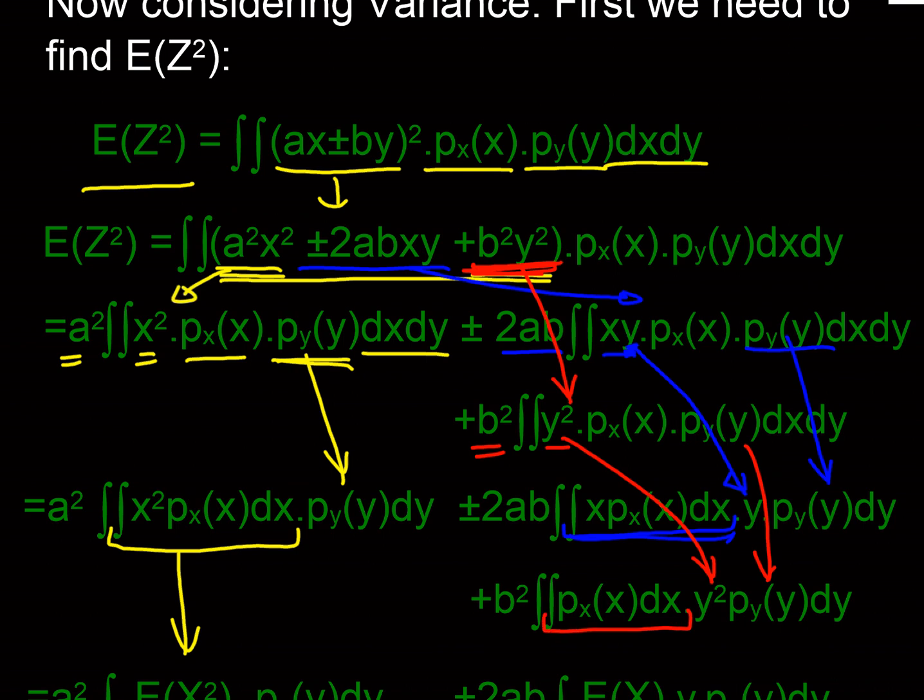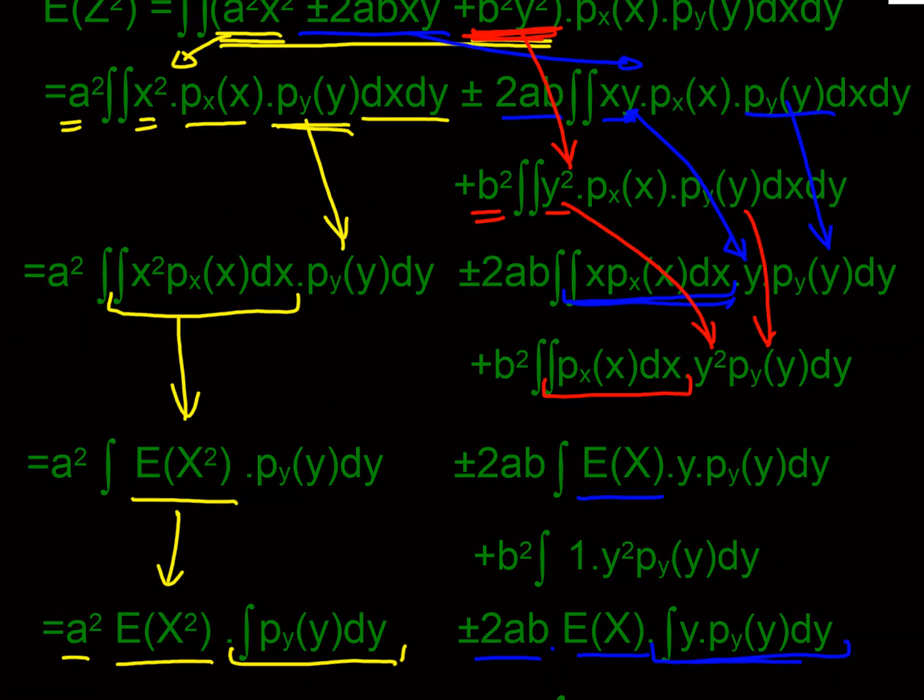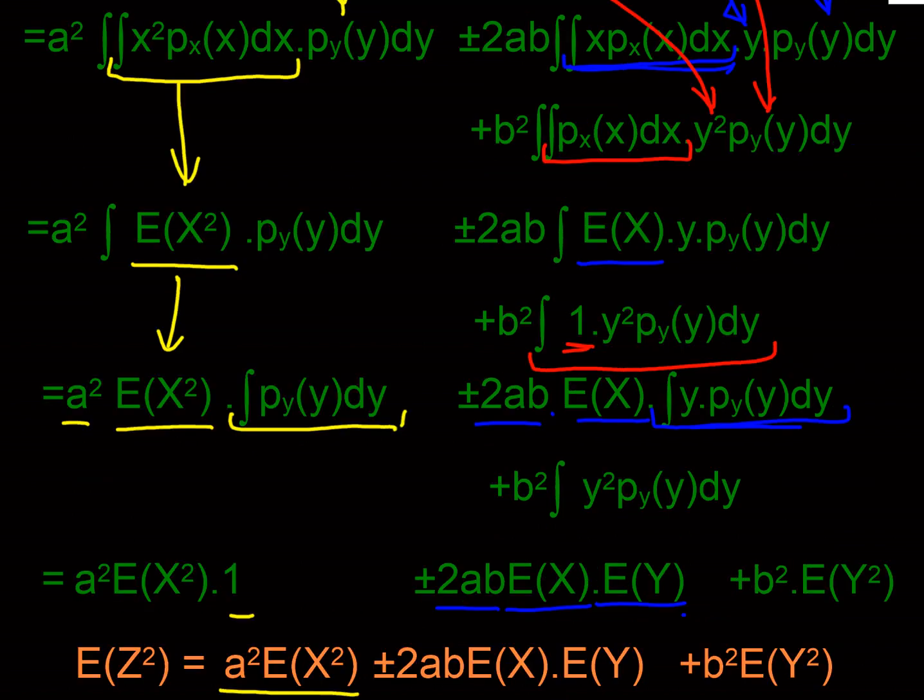So now we're left with the x integral, the integral of px dx, which we can see is the sum of all the probabilities dx, which is going to be 1. So that's unity, so it just disappears. Let's just multiply that, and therefore we're left with this integral here on the right hand side, y squared py, which we will recognize to be the expectation of y squared.